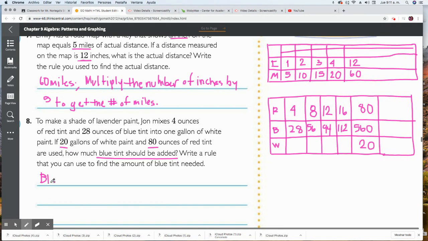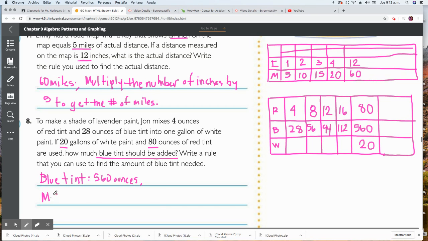Blue tint equals 560 ounces. Okay, 560 ounces. And what's the rule?